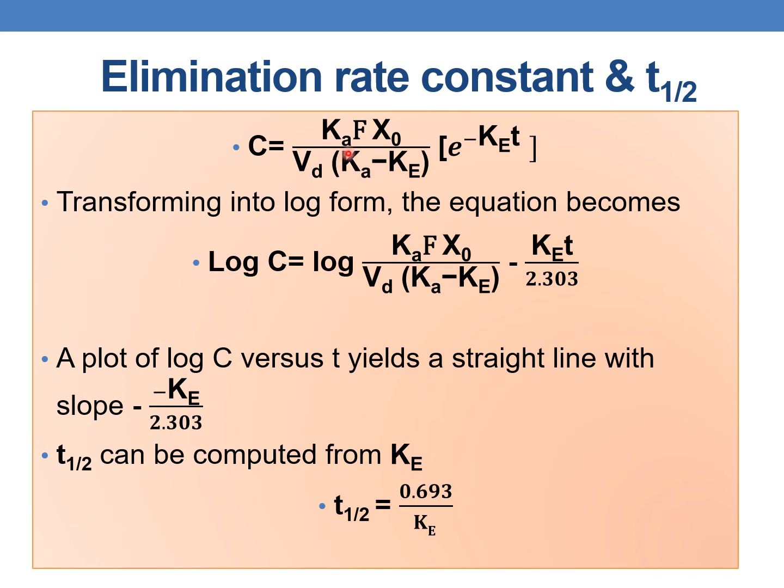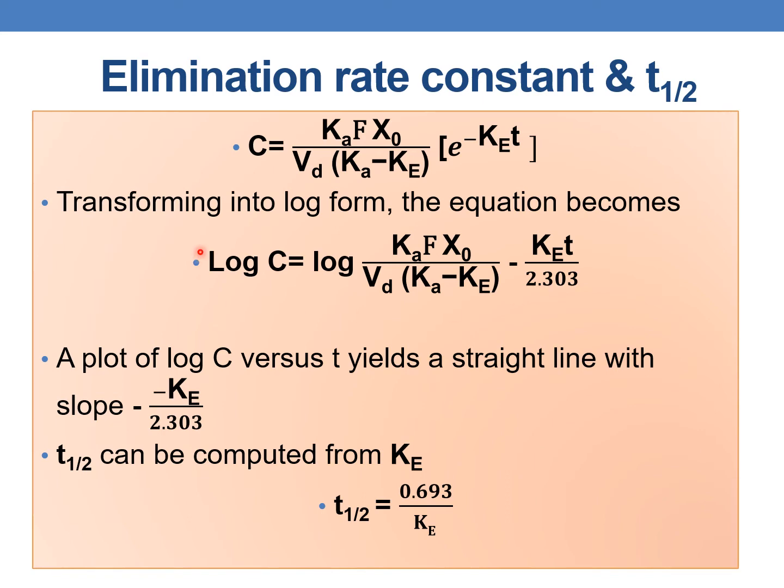Transforming the above equation into log form, the equation becomes log C is equal to log Ka F X naught by Vd into Ka minus Ke, minus Ke t by 2.303.